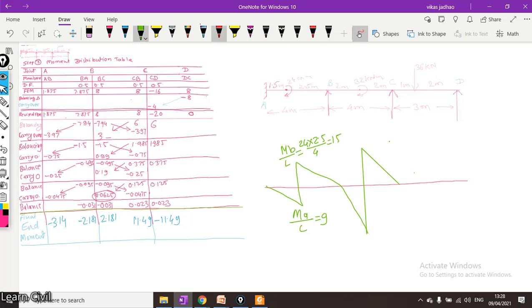So this will be M divided by 2. We have M is equal to 32, so this will be 16. This will be again M divided by 2.